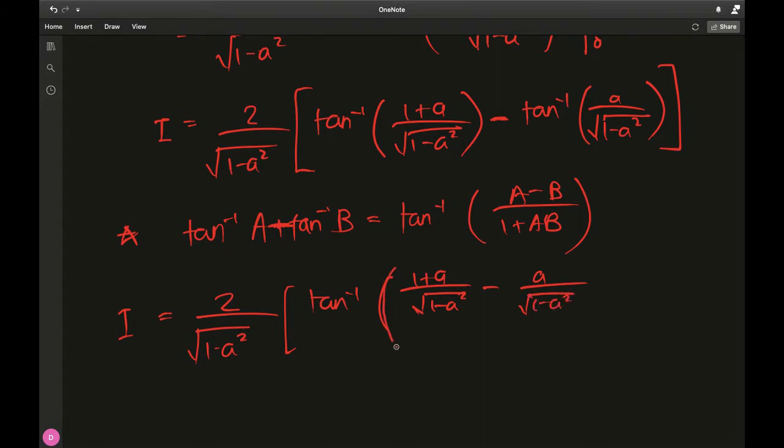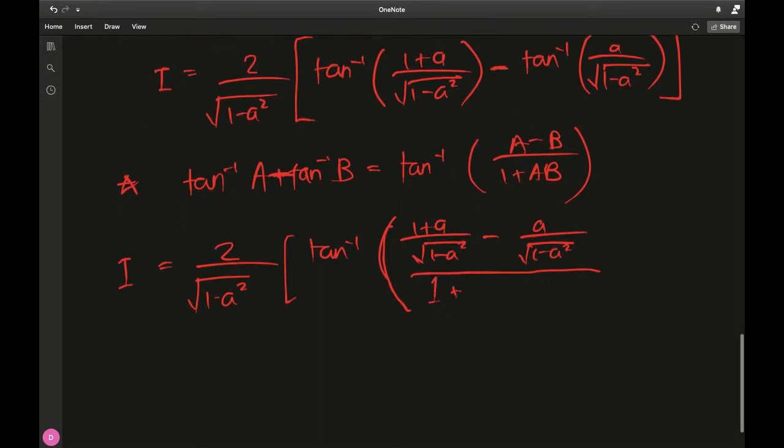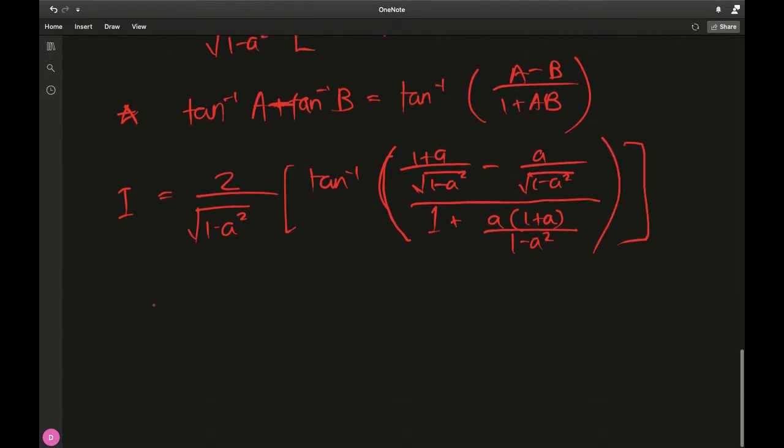but still all of this is divided by 1 plus a times 1 plus a, and then we have the square root of 1 minus a squared, the whole thing squared, which is 1 minus a squared, like that. And don't worry, this will seem ugly at first, but we can actually reduce it down. So notice the a's will cancel out.